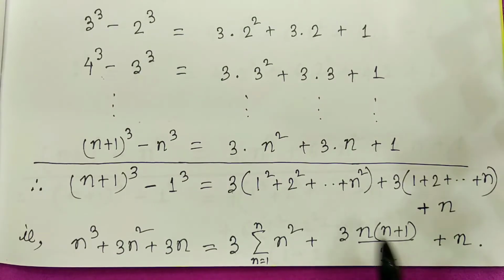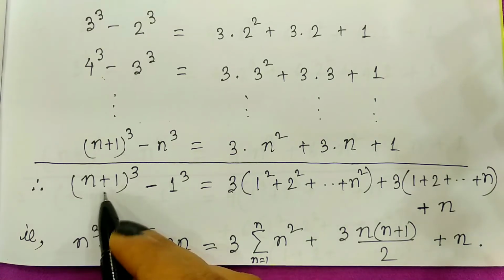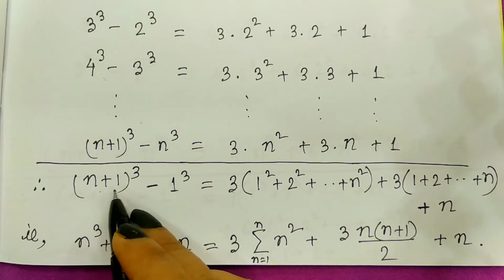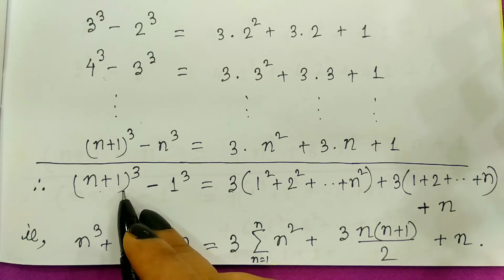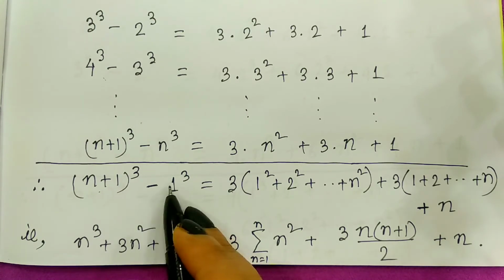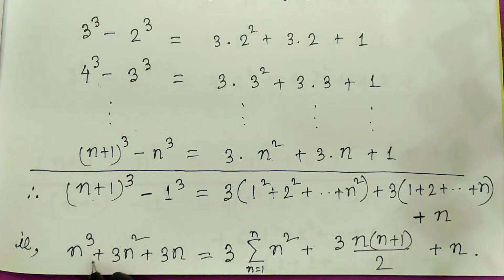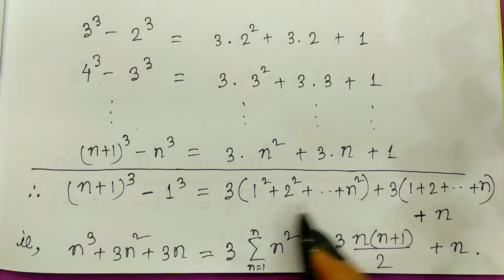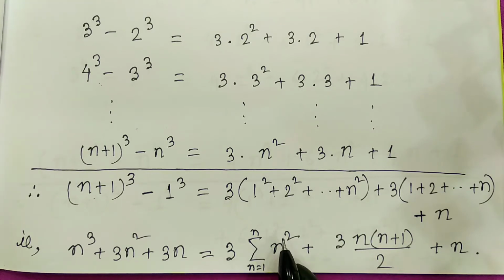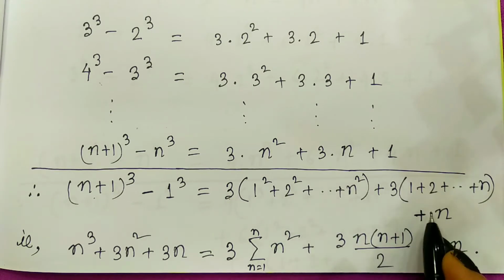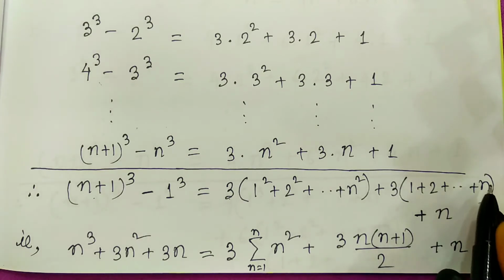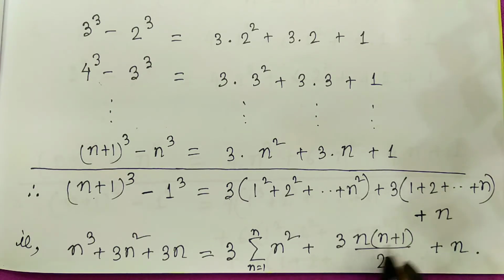If we simplify, then it is n cube plus 3n square plus 3n plus 1 minus 1. So minus 1 plus 1 cancel out. We find n cube plus 3n square plus 3n. From here we can write this part as 3 into summation of n square, and for the other part we know the formula: 3 into n into (n+1) by 2, plus n.